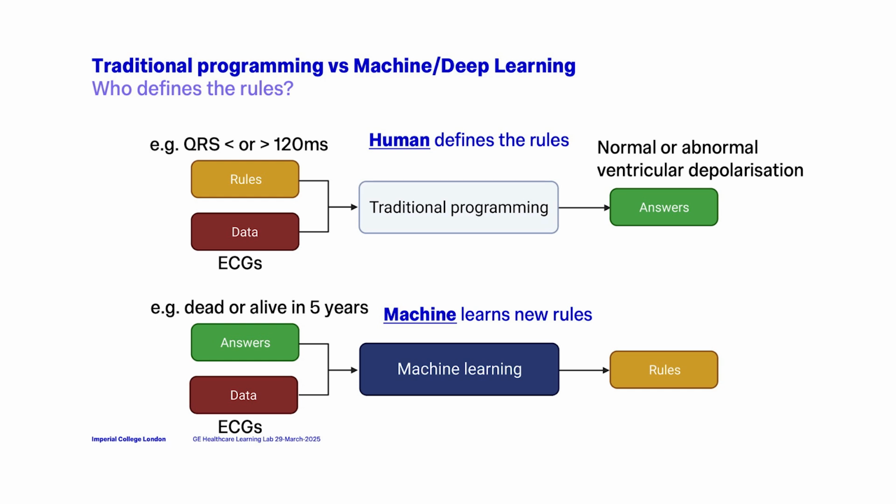The model will then learn new rules to associate death or alive status in 5 years and the ECG. So this overcomes the limitation of what the human knows, because it learns new rules about what is important in predicting whether someone might be dead or alive in 5 years. And that's the beauty of AI ECG, is we are reinventing the ECG with the machine learning new rules about the ECG that potentially the humans may not have been aware of previously.